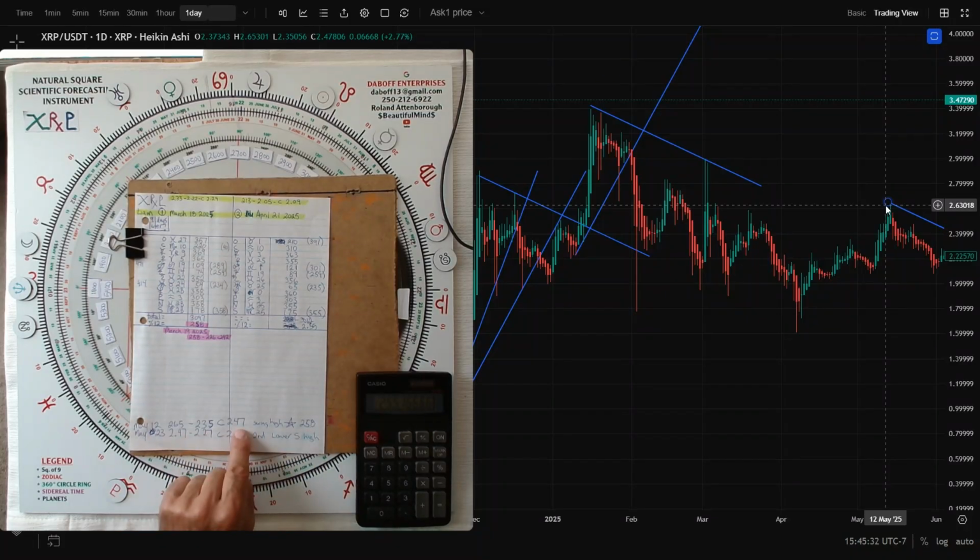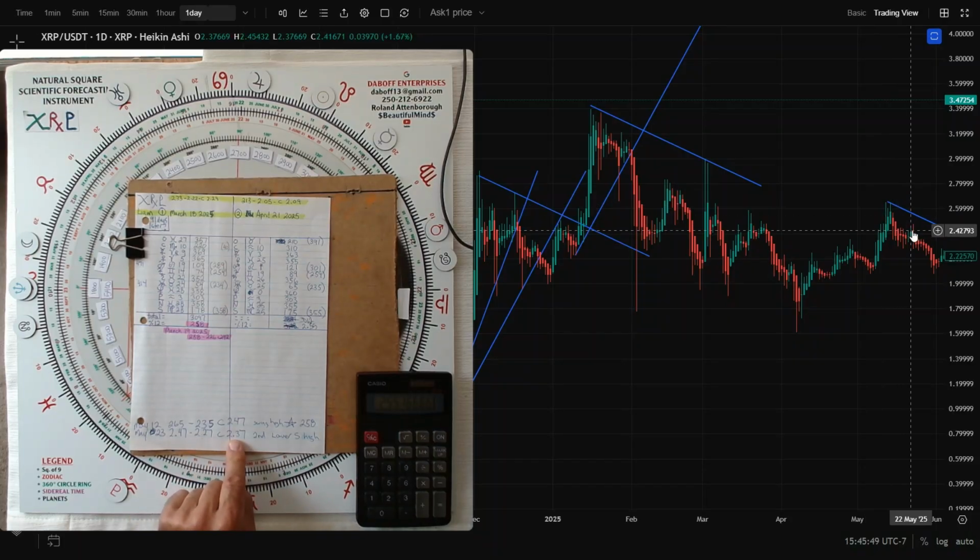Closed at 247, made a high at 265 and a low of 235. And it made a subsequent second lower low between the 23rd here at 247, 227, and closed at 2 right here. See this? The fake out.